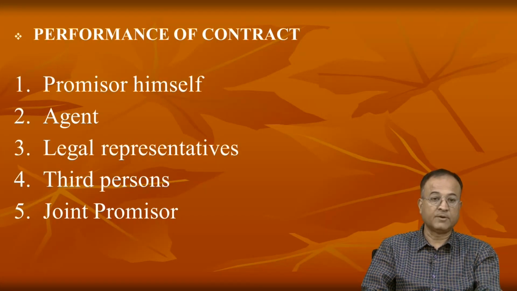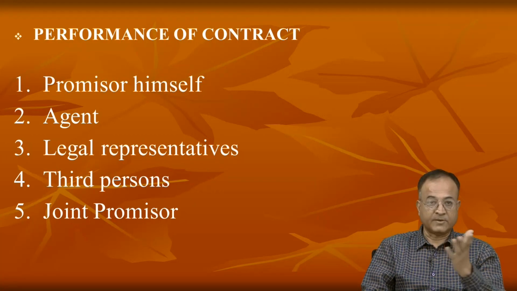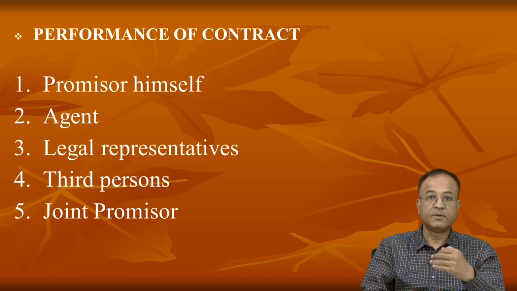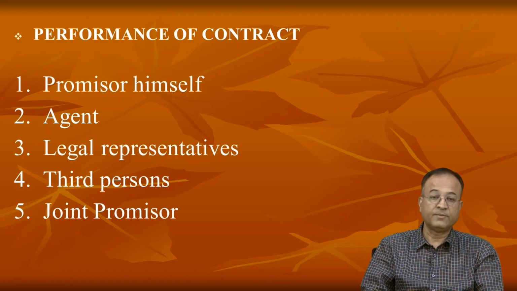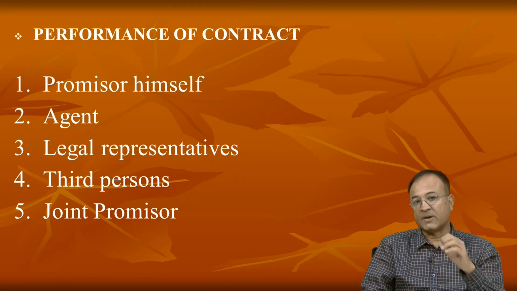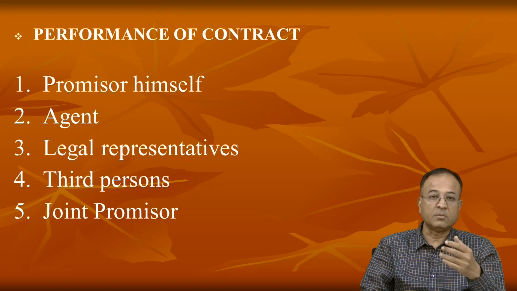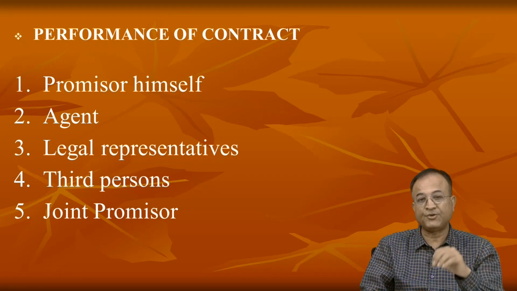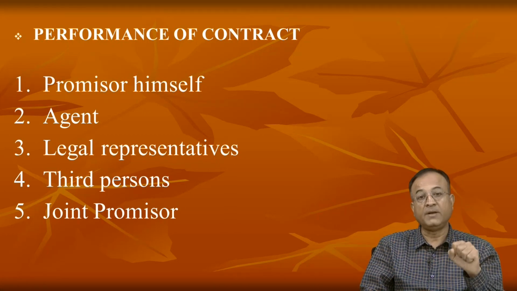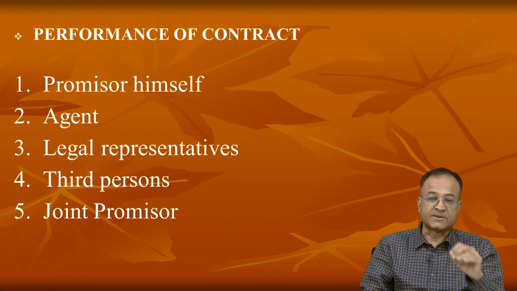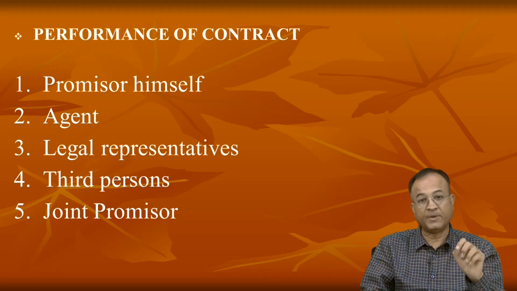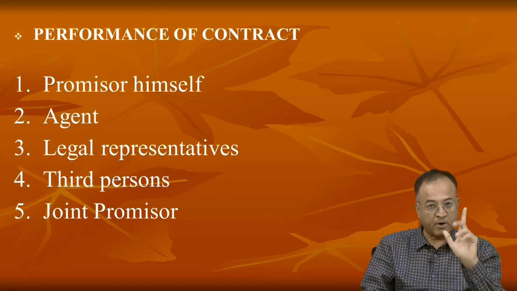Few persons, as we discussed, can perform a contract. First, promisor himself. What is promisor himself? If there is something in the contract to show that it was the intention of the parties that the promise should be performed by the promisor himself, such promise must be performed by the promisor. Section 40.